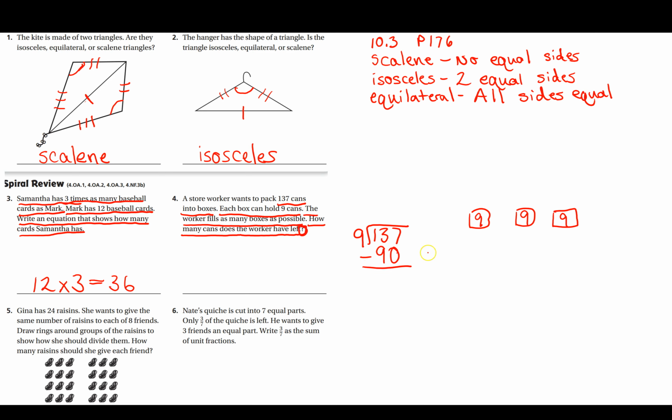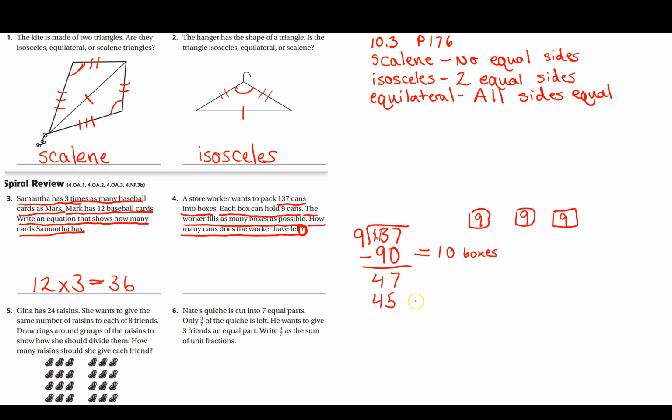So I'm going to show that those 90 cans would be 10 boxes filled. 90 cans would fill 10 boxes, and then I subtract that, and I have 47 left. So now I can see, okay, well, I know my 9's 45.